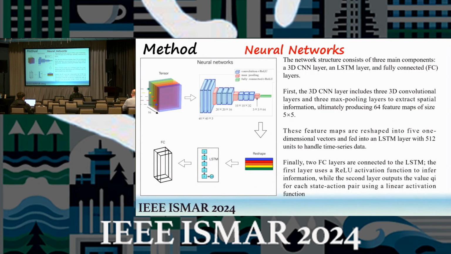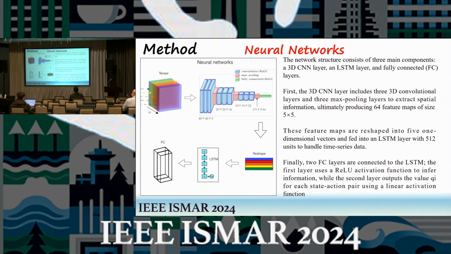The network structure consists of three main components: a 3D CNN layer, an LSTM layer, and two fully connected FC layers. First, the 3D CNN layer includes three 3D convolutional layers and three max pooling layers to extract spatial information, ultimately producing 64 feature maps of size 5 by 5.